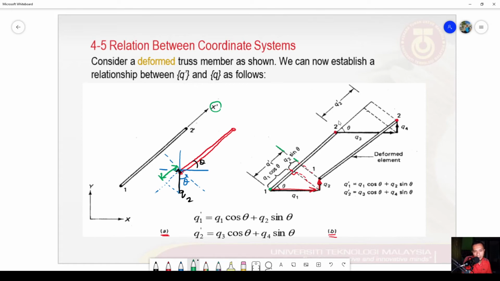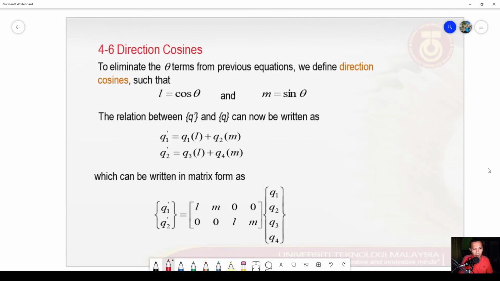local coordinate systems. Then we will find that Q1 prime is equal to Q1 cos theta plus Q2 sin theta, and Q2 prime is equal to Q3 cos theta plus Q4 sin theta.